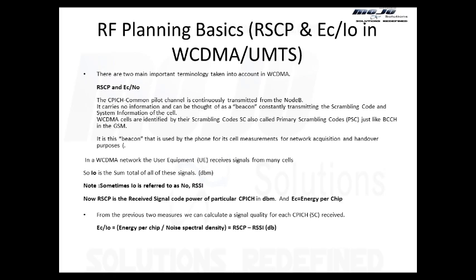For example, how do we measure coverage and quality in UMTS? For many of you, you already know; for a few, you don't. In UMTS, coverage is based on the power transmitted by the pilot channel.